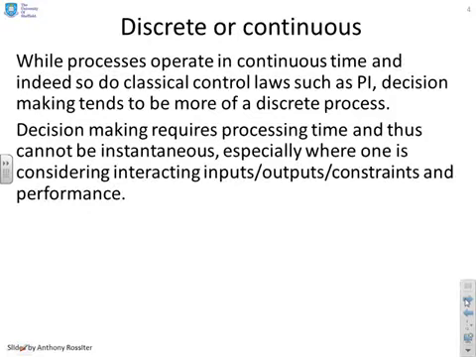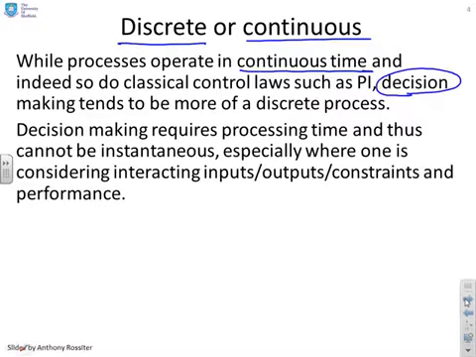What about, should the model be discrete or continuous? Now, you're going to argue probably that all processes actually operate in continuous time, and indeed if you look at classical control laws such as PI, you'll find that they tend to be written in continuous time. However, here's a key point.